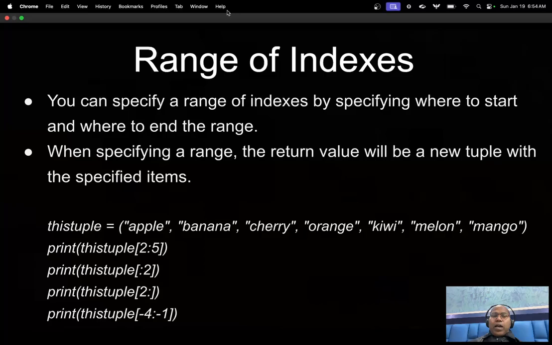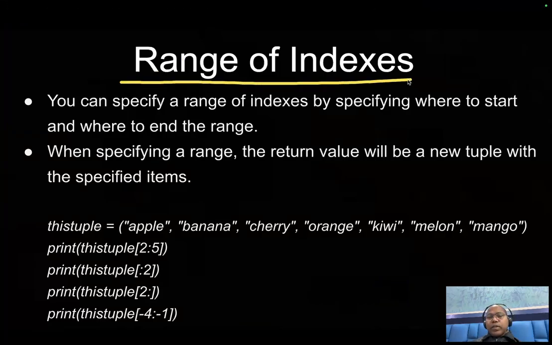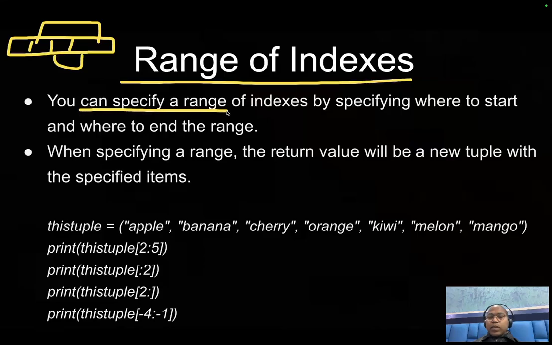Python also supports ranges, since tuples are indexed. That means you can specify a range from here to here. You can specify the range of indexes by specifying where to start and where to end.